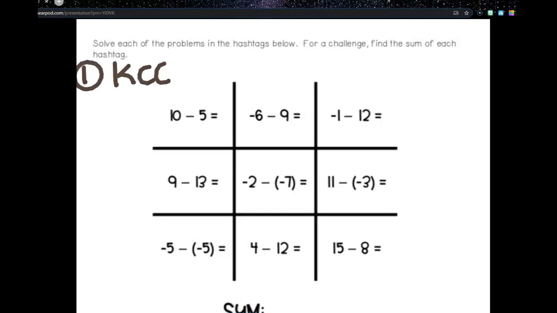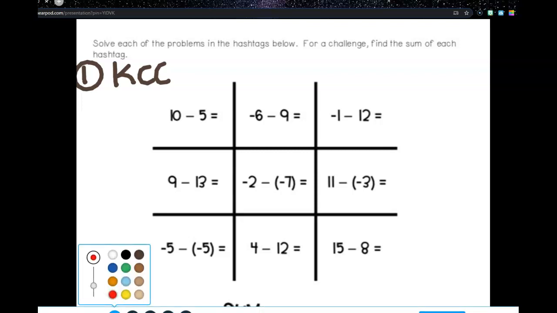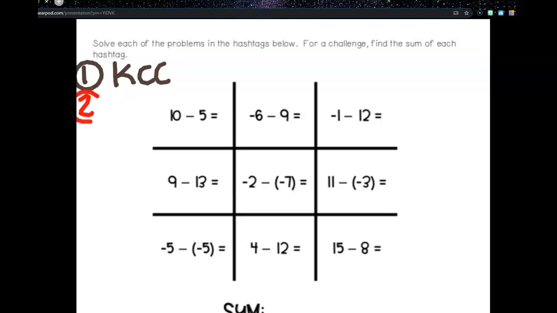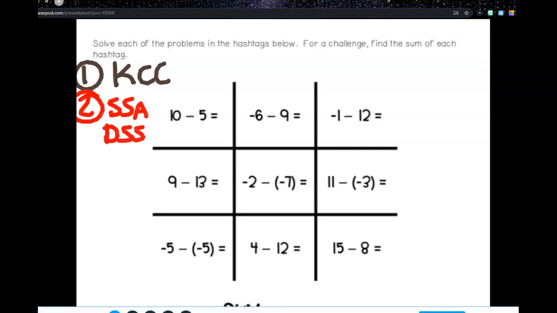And then after it's addition, the second step will be same sign or different sign. Same sign add or different sign subtract. So first we have to turn them into addition problems. And then once they're addition problems, you ask, are they the same sign, add and keep, or different sign, subtract? Okay.